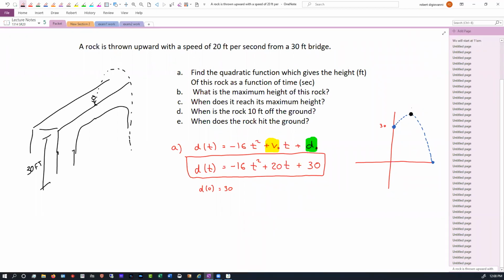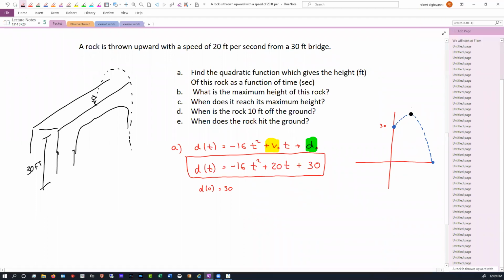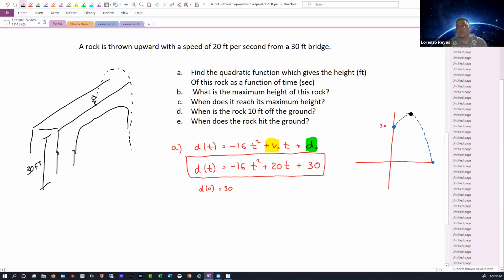Okay, but what is that to us? In the problems we were doing before this, what was that? That's the vertex, yes. But more importantly, it's not the whole vertex, it's only one of the two pieces. Which piece is it? It's this right here, and that is a point, H, K. Which of those two, H or K, would represent the height?